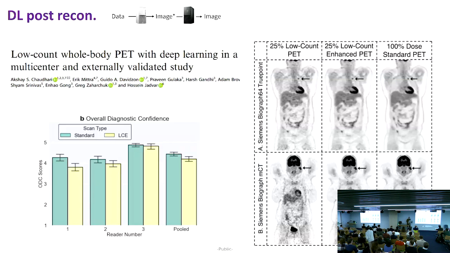It is basically denoising and image enhancement. You can see 25% of data. Obviously, the image is quite noisy compared to the ground truth, 100% data. With their solution, as you can see, as a post-reconstruction, it tries to map the noisy image to a high-quality image.